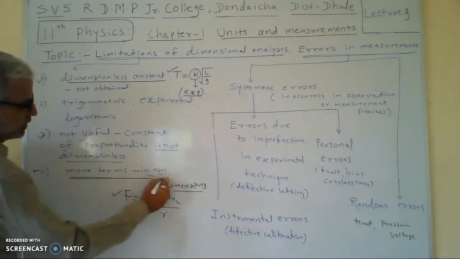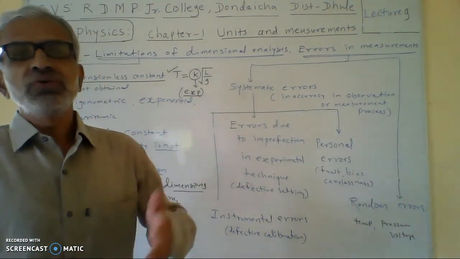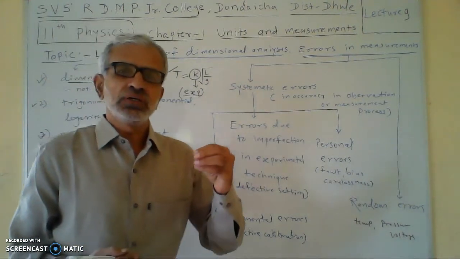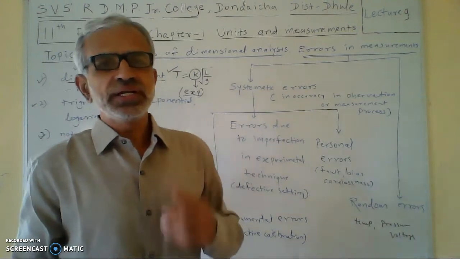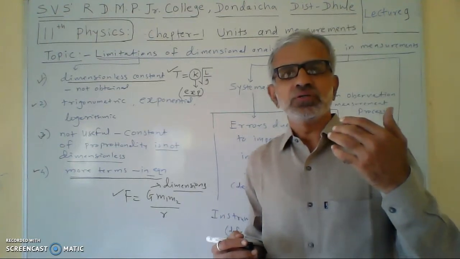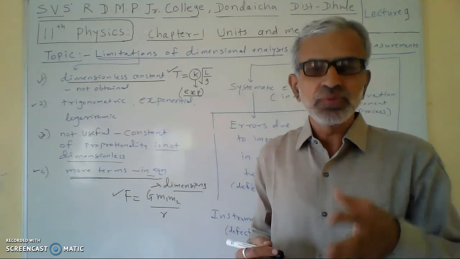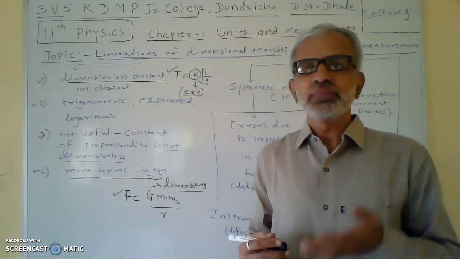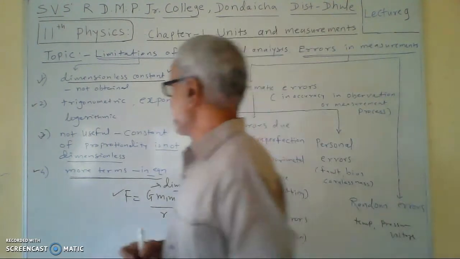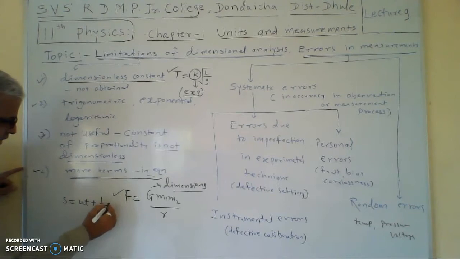Then the fourth limitation is, if some equation contains more than one term, then the presence of that additional term cannot be detected, or we cannot know the presence of that term by using dimensional analysis. An example is s equal to ut plus 1/2 at square.